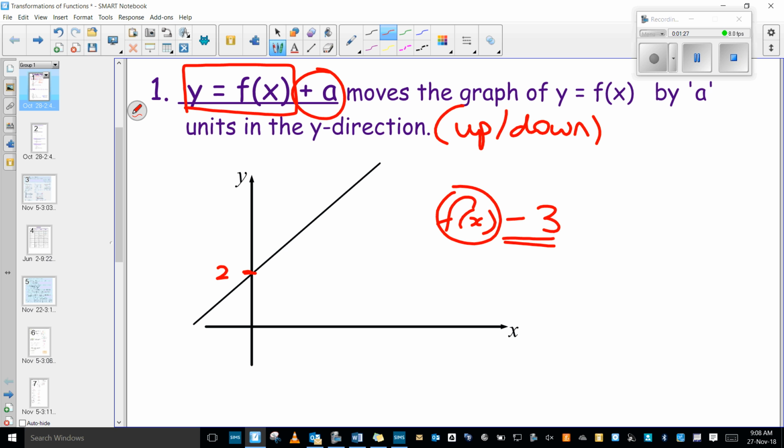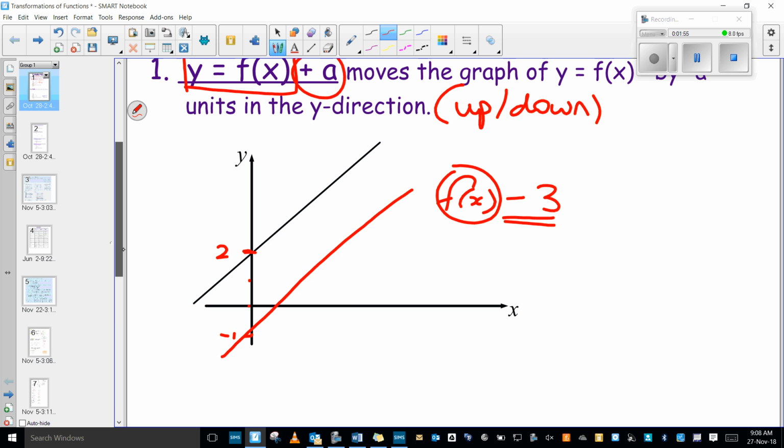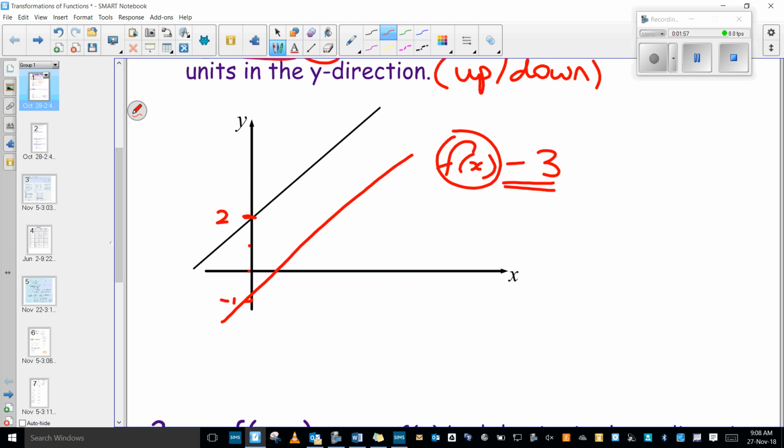So this whole line is going to shift down 3 units to -1, and it would be a parallel line to it. Do you understand what I mean now? So that's the deal. If there is a number stuck on the end of something, it means it's shifted up or down, depending whether it's a positive or negative value. You all got that? You haven't drawn it though.